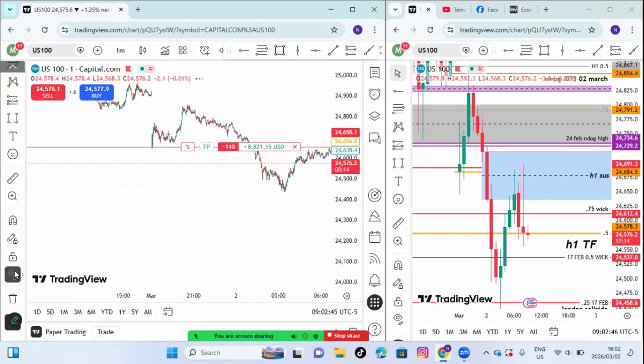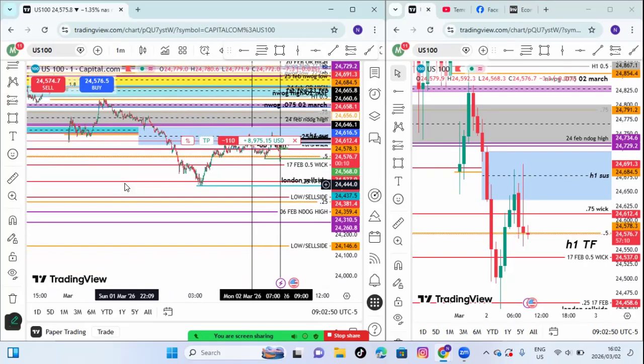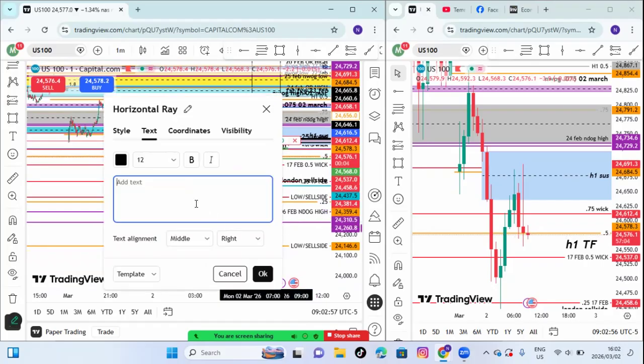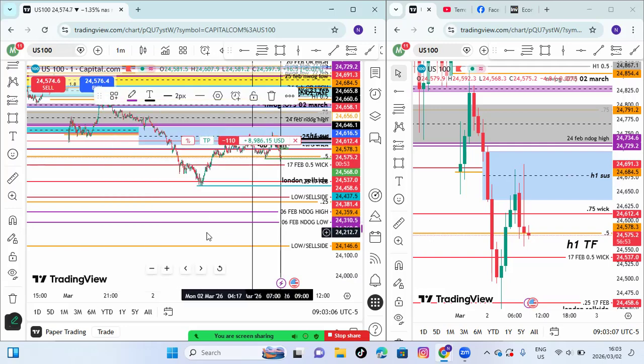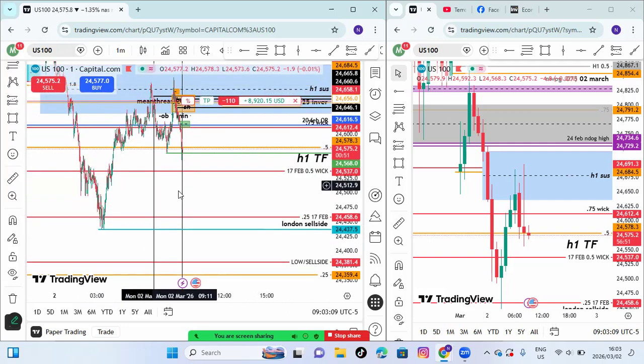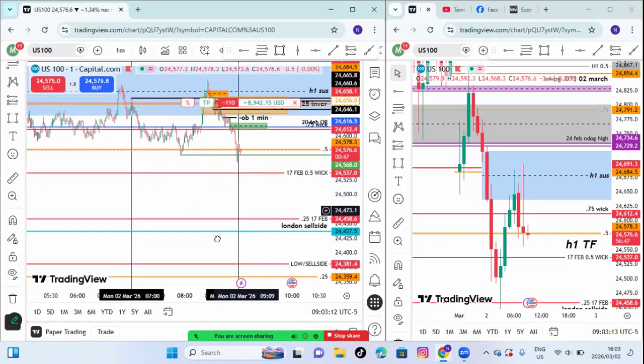Okay, below London sell side, we see we have new day open gap from 6 February. The high there, and then this is the low. Low there. So that also could be like the draw, right?